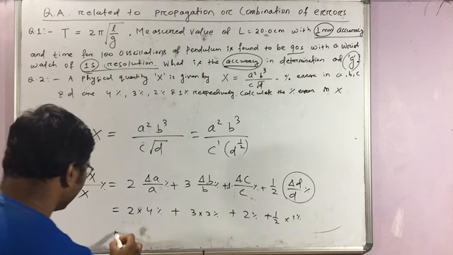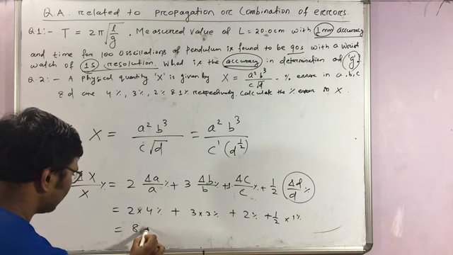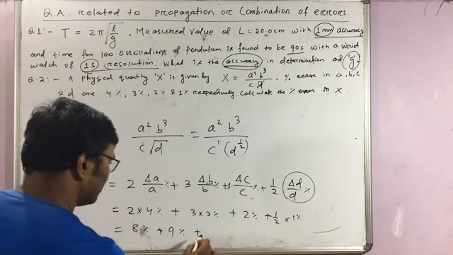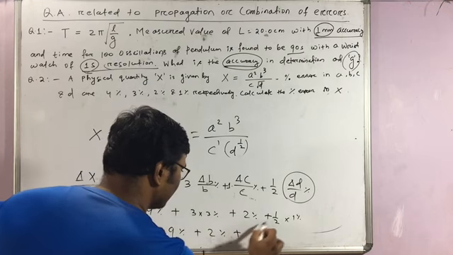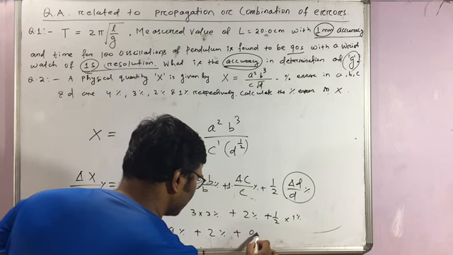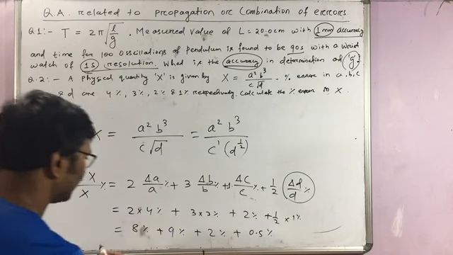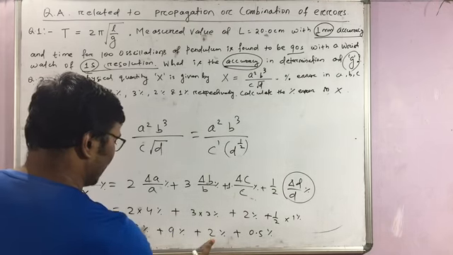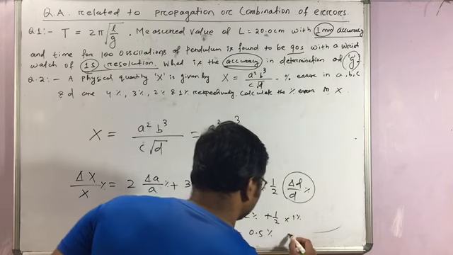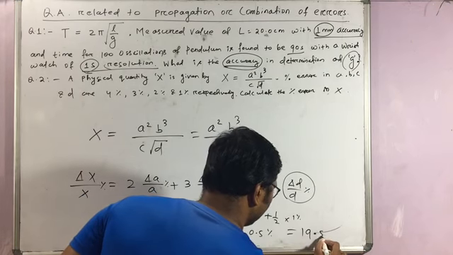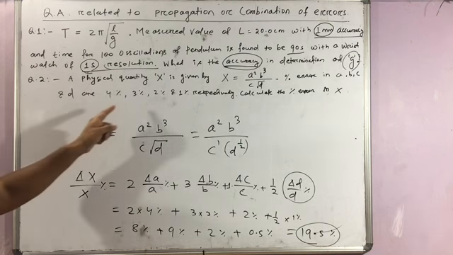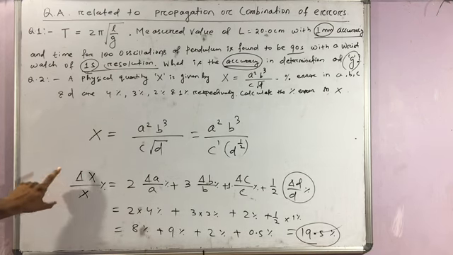So your answer would be 4 into 2, 8%, 3 into 3, 9%, plus 2%, plus 0.5%. Now you can add 9, 8, 17, plus 2 is 19, plus 0.5 gives 19.5. So your answer would be 19.5% error you will be getting in calculating the value of X.